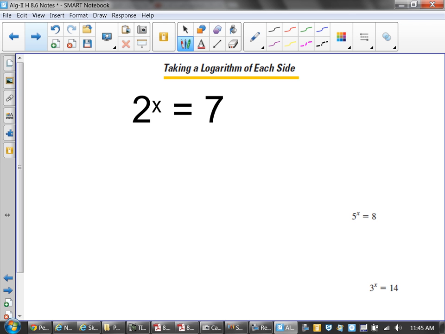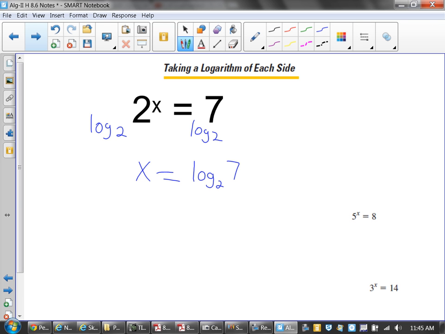Now, in this case here, in order to get that exponent off the 2, what would I have to take on the left-hand side? Log base 2. So if I take log base 2 on this side, what do I have to do to the other side? Log base 2. So right now, the left side becomes x. The right side is log base 2 of 7.